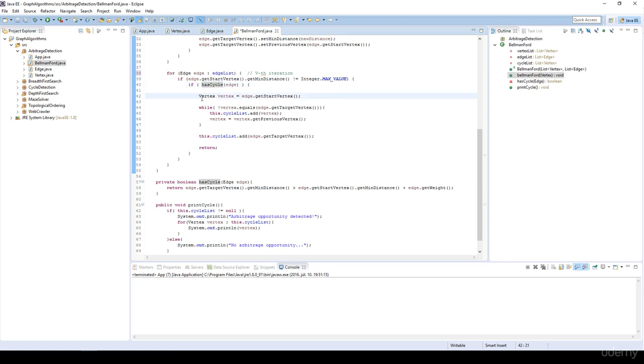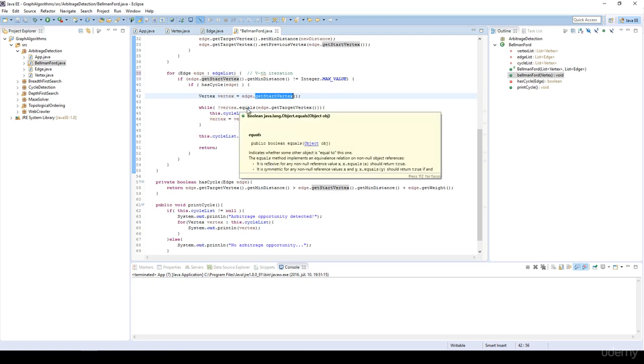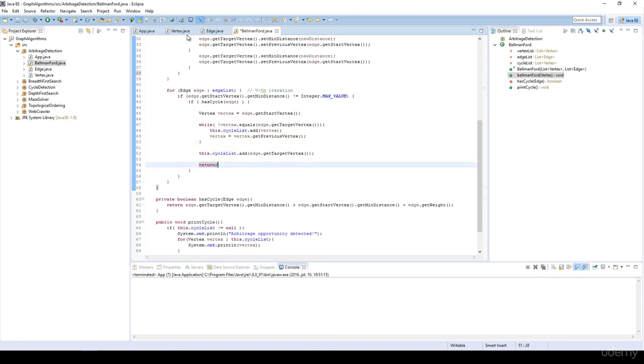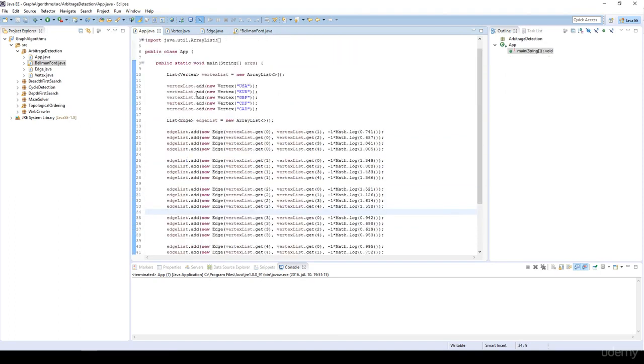And basically, we just get the vertex from the start vertex, and while this vertex is not equal to the target vertex, we are going to add these vertices to the cycle list. So we keep visiting the vertices that form a negative cycle. Okay, and then of course we have to return. So this is how we are able to track it.